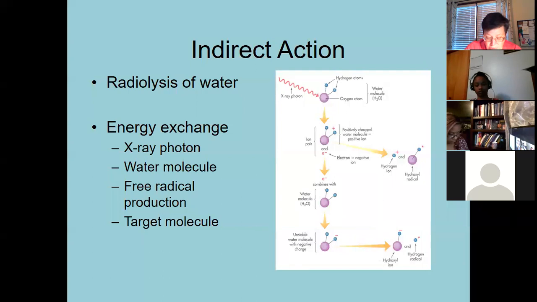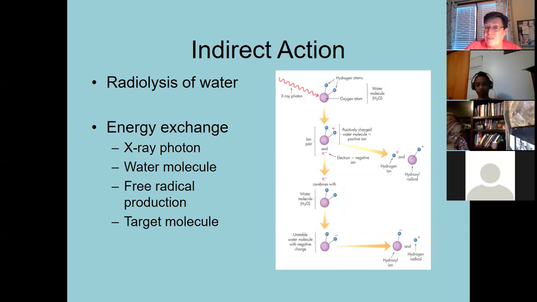Those free radicals then will transfer energy to the target molecule. It's called indirect action because the energy is indirectly transferred to the target or to the important biological molecules.